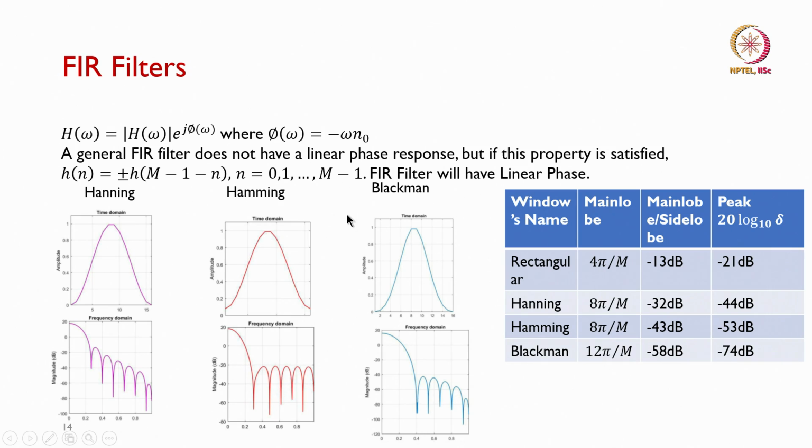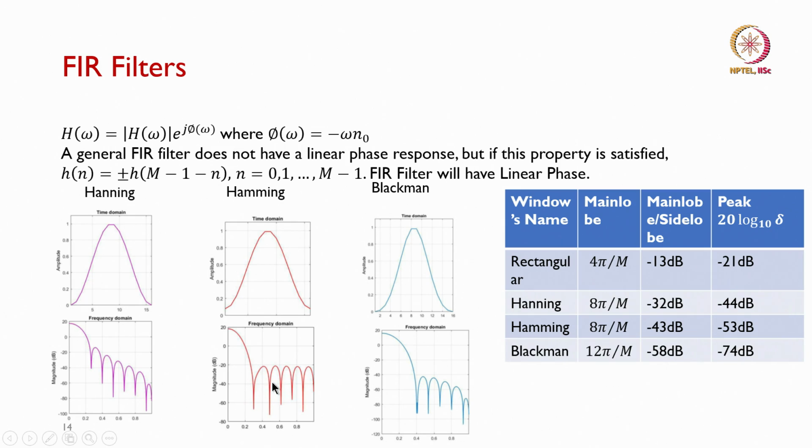As one comments here, energy can neither be created nor destroyed, basically. So, how we distribute the energy is in the windowing. If you distribute more energy in the main lobe, then the side lobes are going to be reduced.